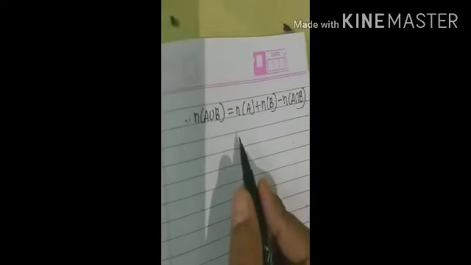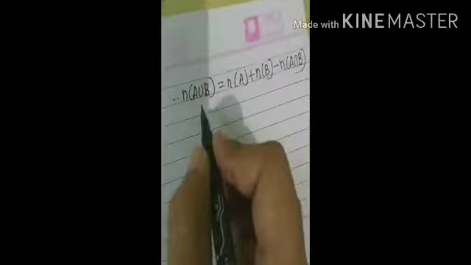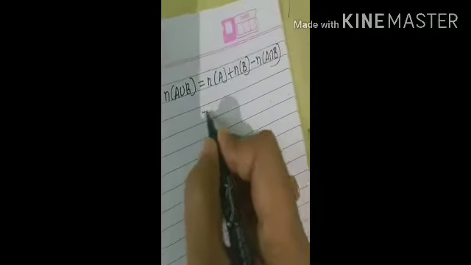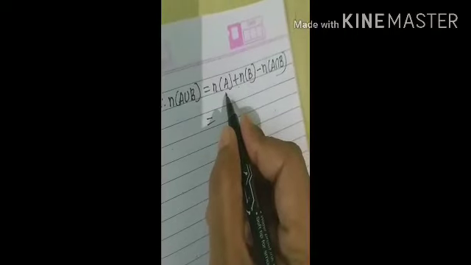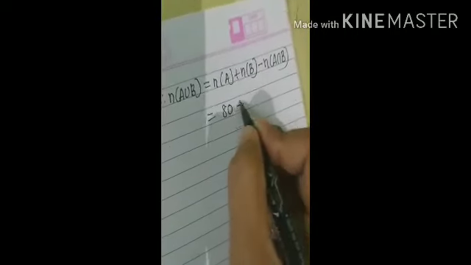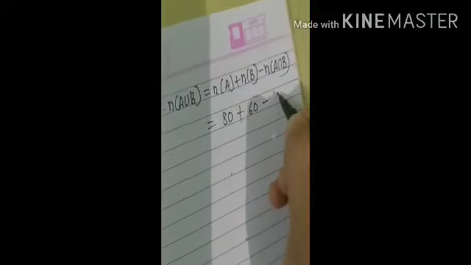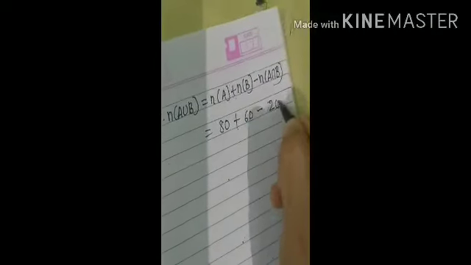Now substitute the values. Union is not given, we have to find it. n(A) is given as 80 plus n(B) is given as 60 and the intersection is given as 20.